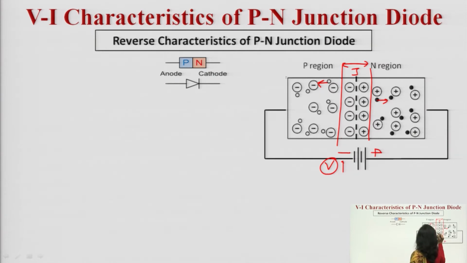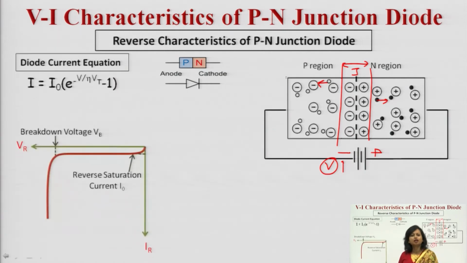So, it means in this particular case the current conduction is because of the minority charge carriers, not because of the majority charge carriers. Here minority charge carriers are electrons, here minority charge carriers are holes, they will be crossing towards the junction and the current flows. So, current is flowing because of minority charge carriers in a very small amount.